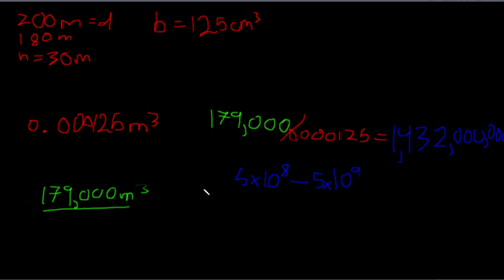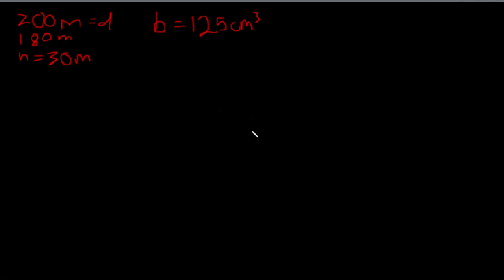Somewhere in that range is our number of bricks, which is a pretty big range, but considering most of this is guesswork, it's fairly okay. So that's how I solve it. But let's solve it using dimensional analysis.